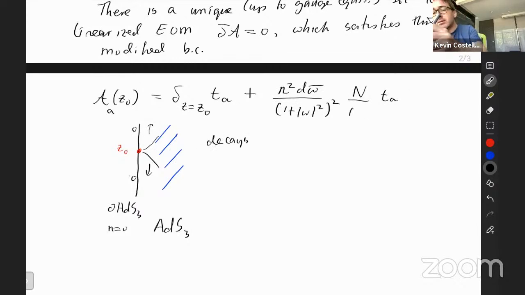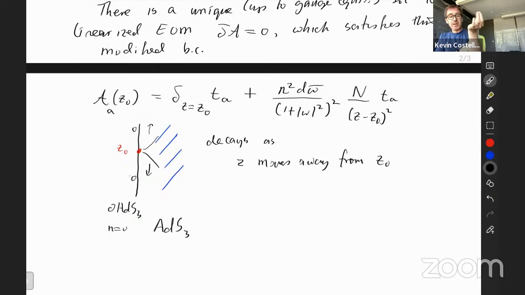So this should be z minus z0. My apologies. It decays as z moves away from z0. So this is the kind of thing you want for a state, right?